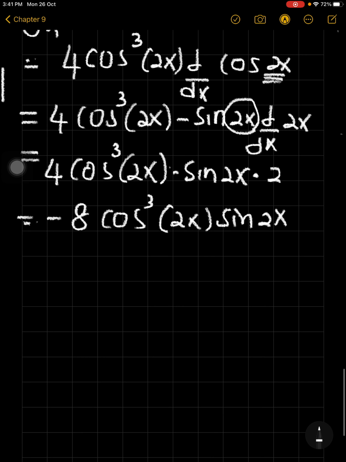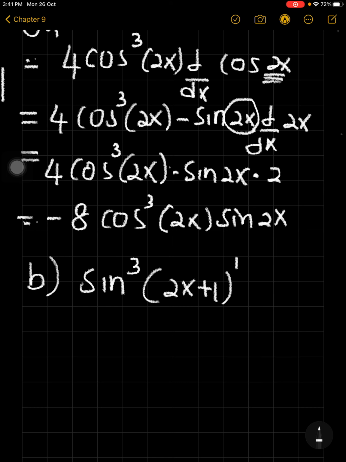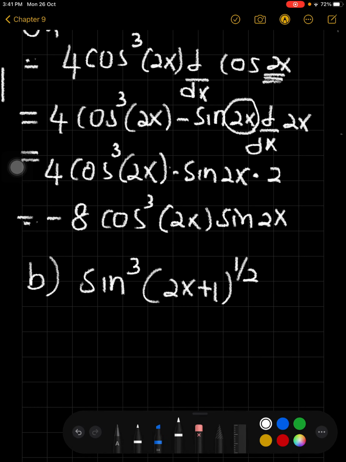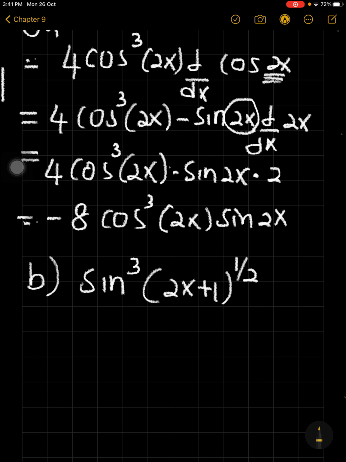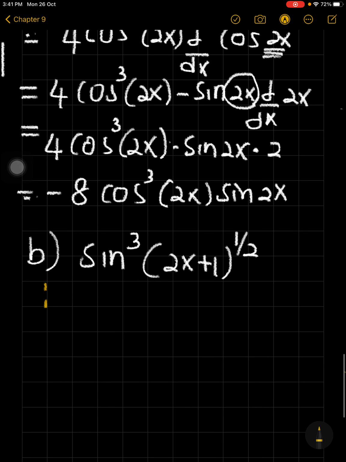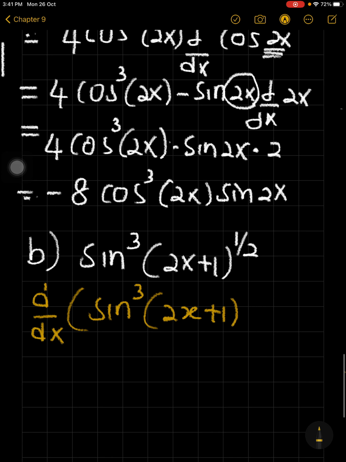Okay, tunjuk satu lagi contoh. Contoh yang kedua, soalan U adalah sin kuasa 3 2x plus 1 kuasa 1/2. So how to solve this question? Macam tadi yang Madam beritahu, you tulis dulu d dx sin 3 2x plus 1 kuasa 1/2.